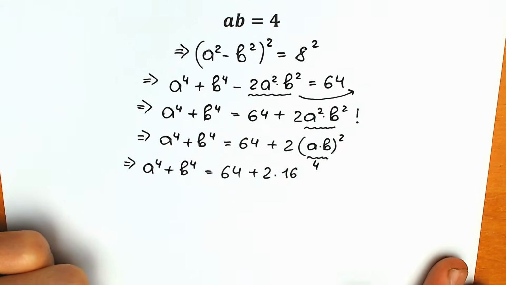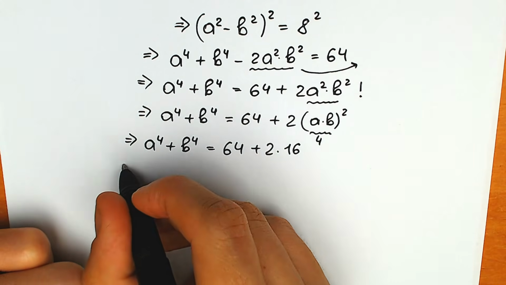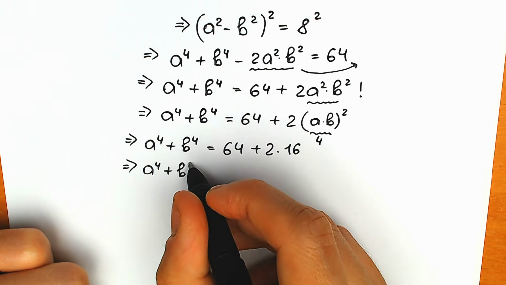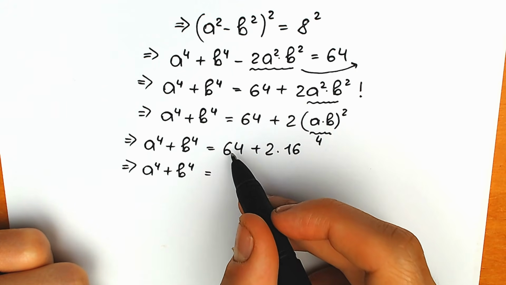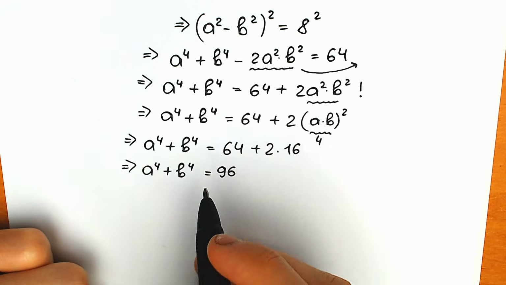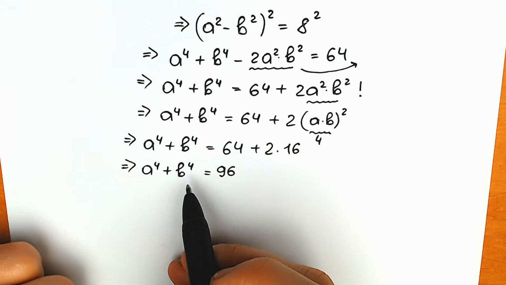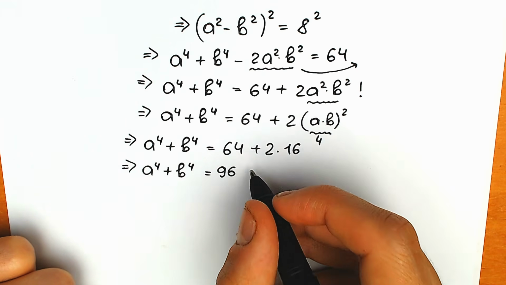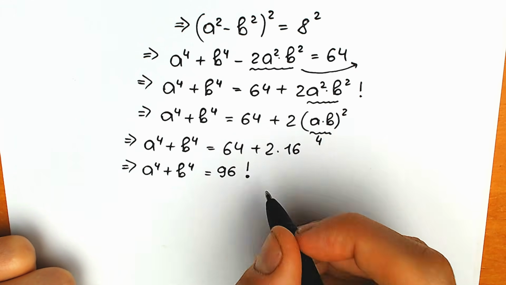So as a result, a to the power 4 plus b to the power 4 equal to 64 plus 32, so equal to 96. This is an extremely important expression for us.